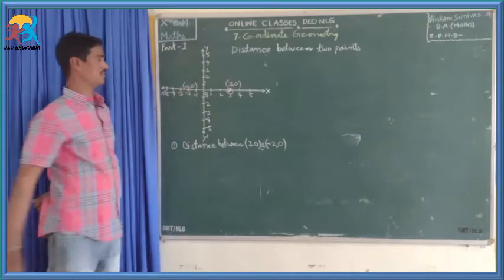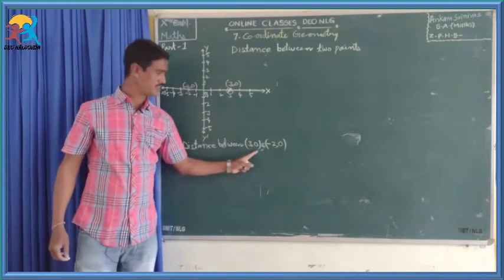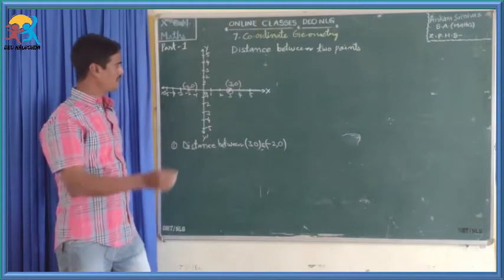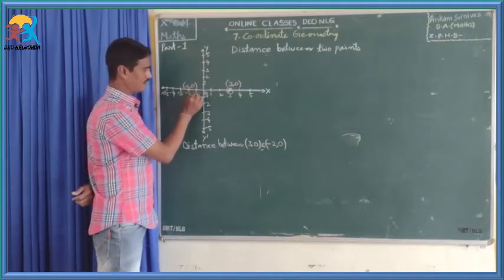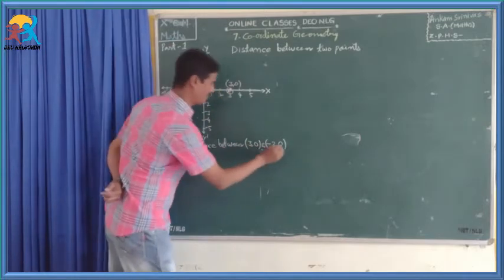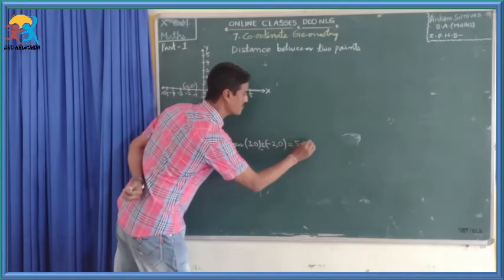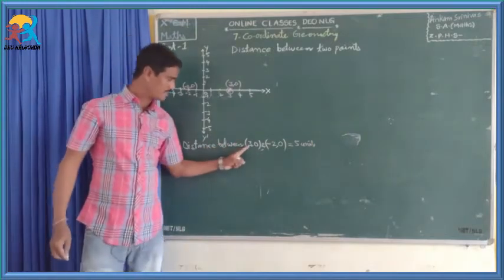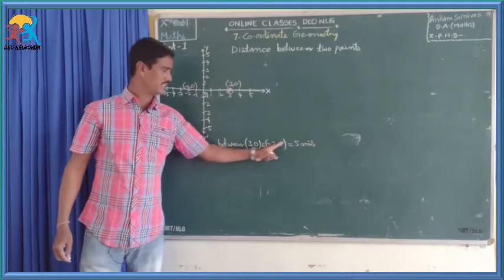Now we have to find the distance between 3, 0 and negative 2, 0. How many units are there? 1, 2, 3, 4, 5. So 5 units. The distance between 3 comma 0 and minus 2 comma 0 is 5.